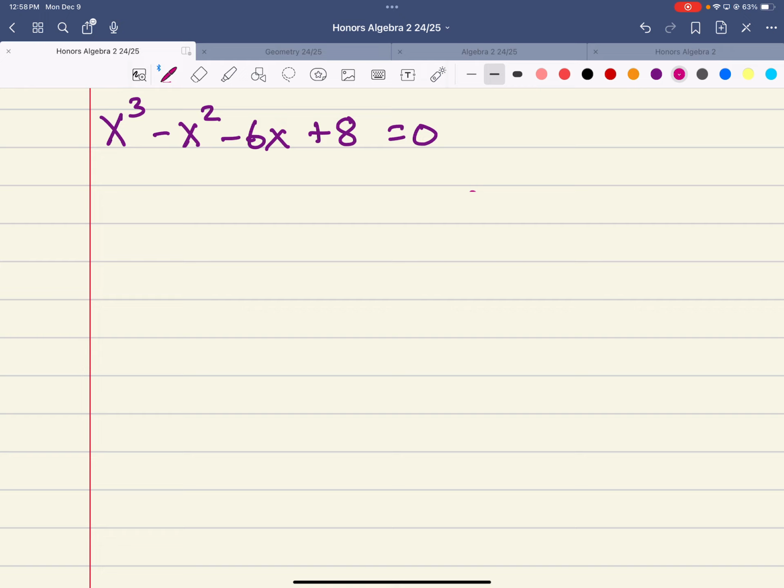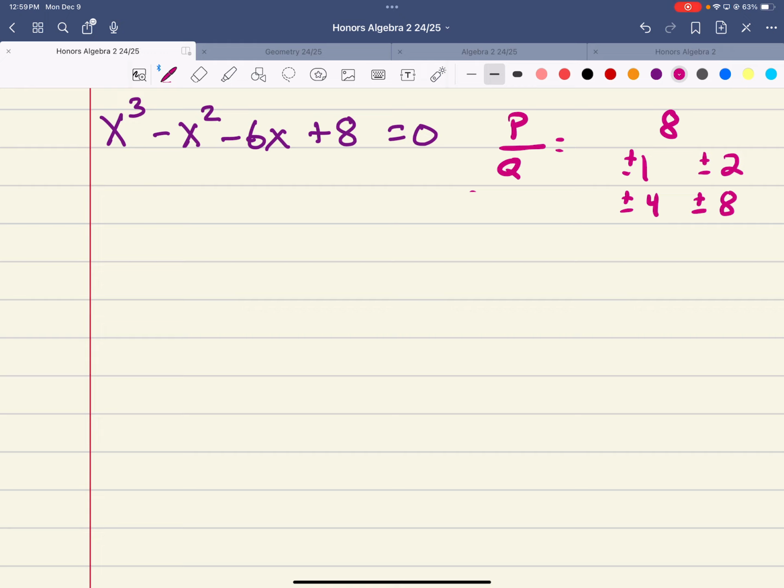So first, if we want to look at all the possible roots, our possible roots are going to be P over Q. The factors of Q is just 1, so the factors of 8 are positive and negative 1, positive and negative 2, positive and negative 4, and positive and negative 8. So if we go P over Q, it's just going to be the factors of P in this case because our Q values are just 1.